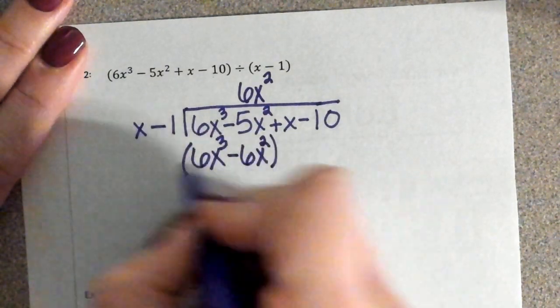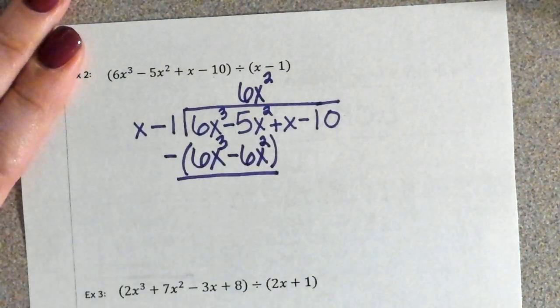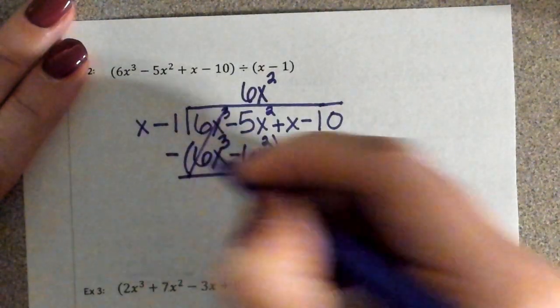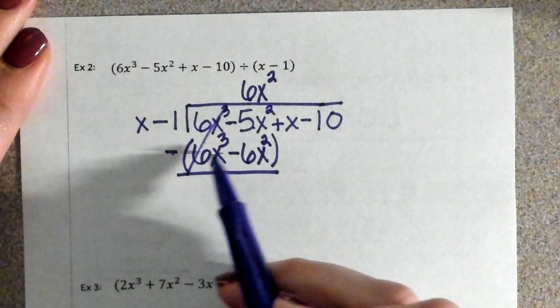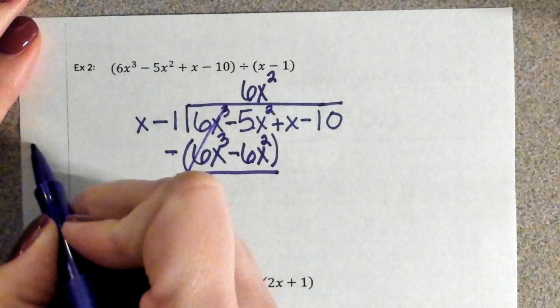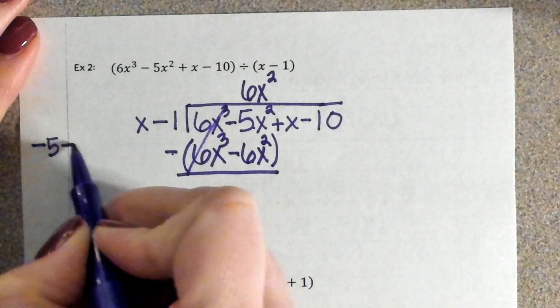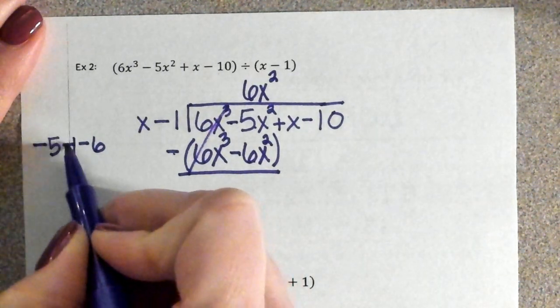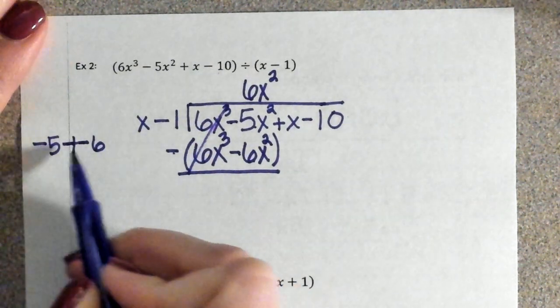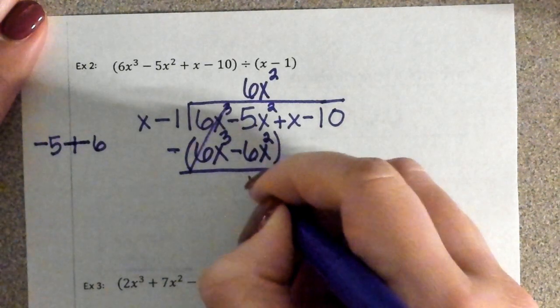So then we grab and subtract. I have a negative 5 minus negative 6. Minus negative always turns to plus. So a negative 5 plus 6 is just 1x squared.